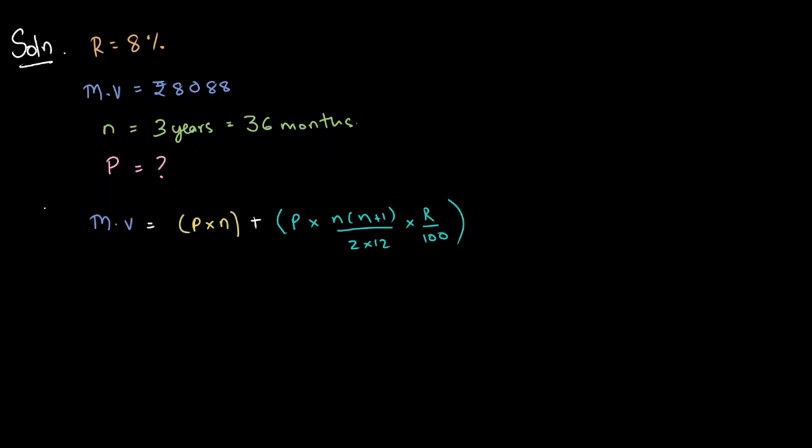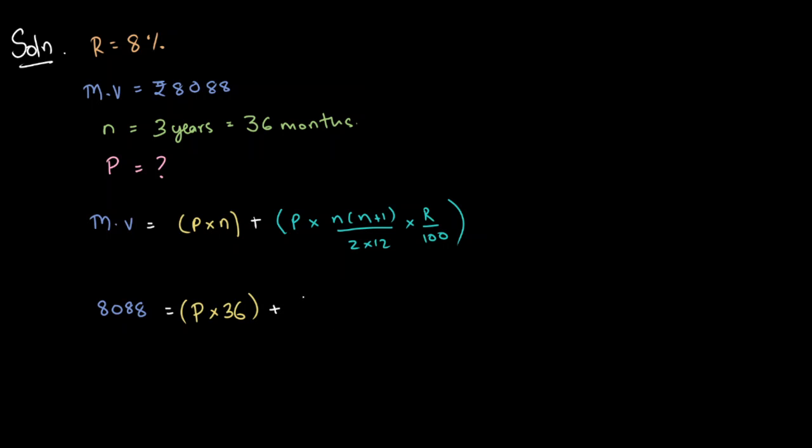Right. So we know the maturity value is equal to 8088. So let's just plug that in. 8088. That is equal to P into N. Well, the value of P is unknown, so we'll just leave it as it is. So we write P into N. So N we know is 36, right? That's the amount deposited, plus now the interest.